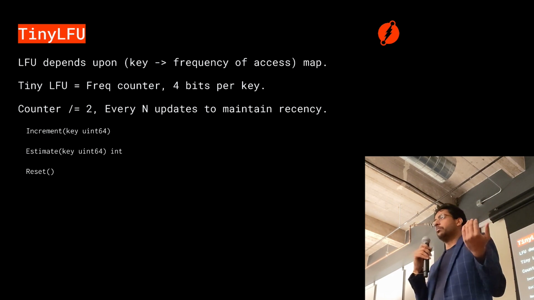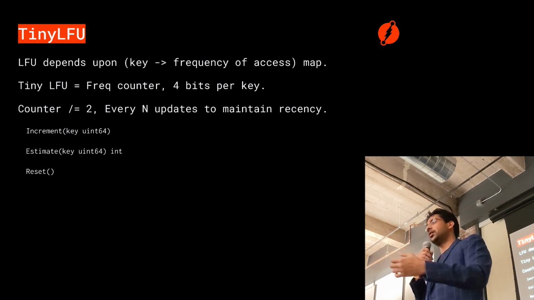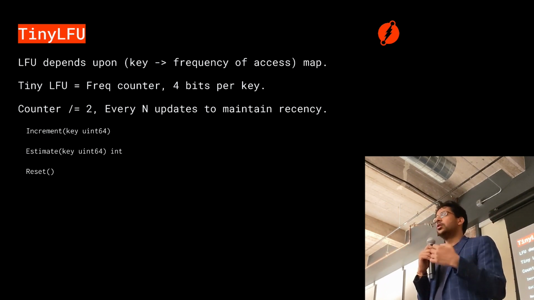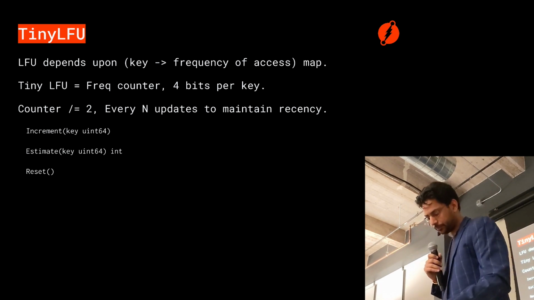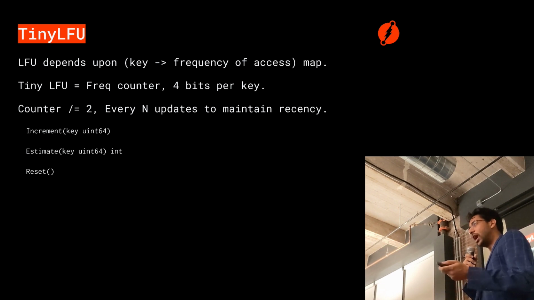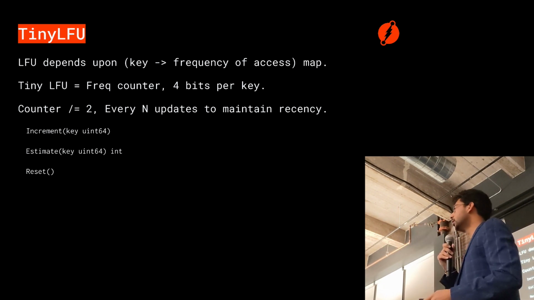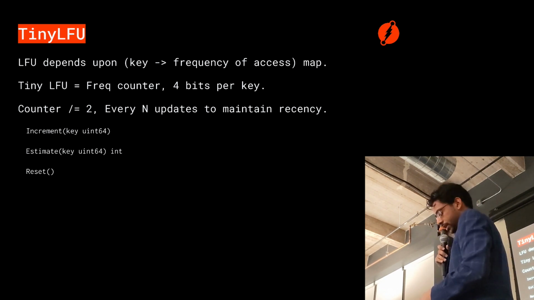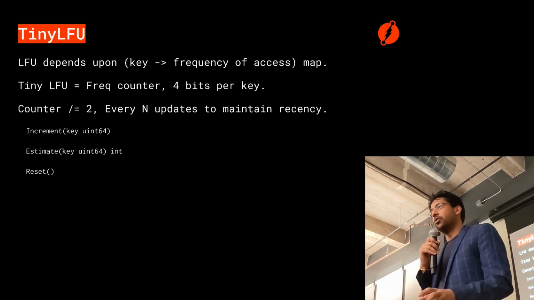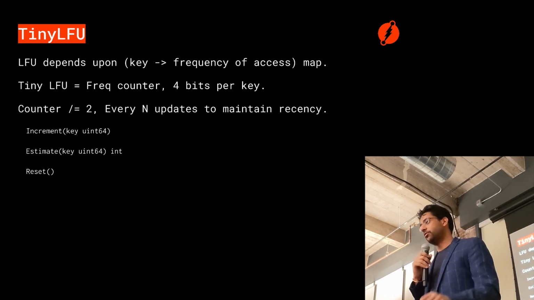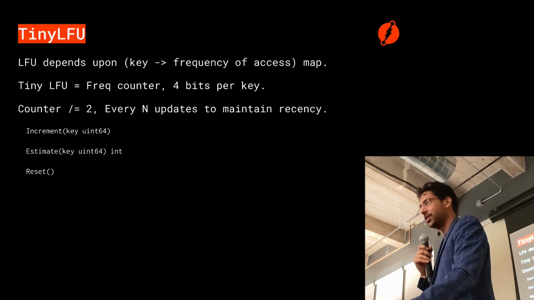In a perfect world, you would know about every key that you have ever accessed, and you'd be able to judge whether you should keep this key or you should remove this key. But we can't get there, so TinyLFU just gives you a much bigger window to look into. Now it also has a mechanism to halve the counters every n accesses, and n is something that you can control in the config, which avoids the cache from getting bogged down by stale keys that you haven't seen for a while. So there is a recency window here.